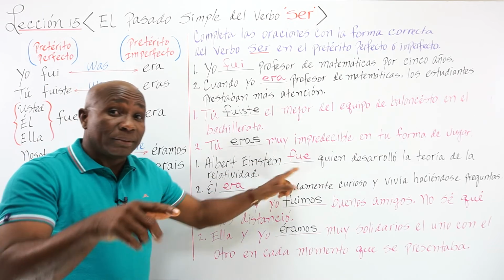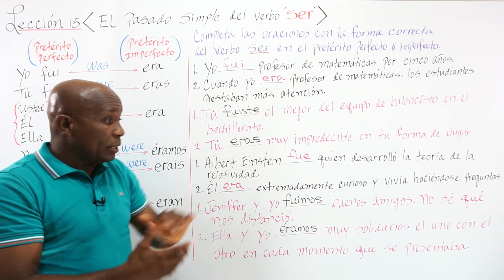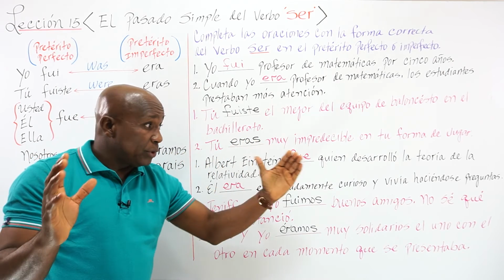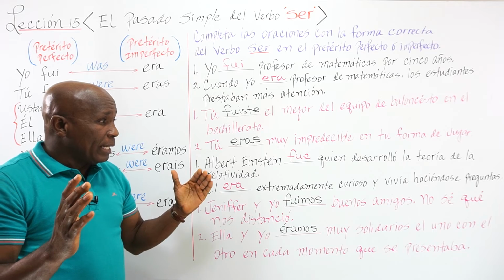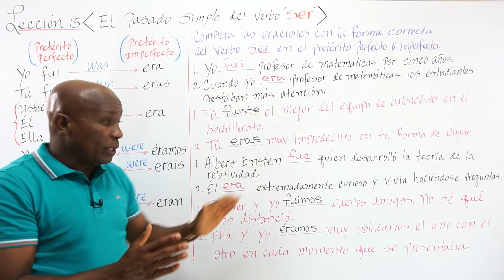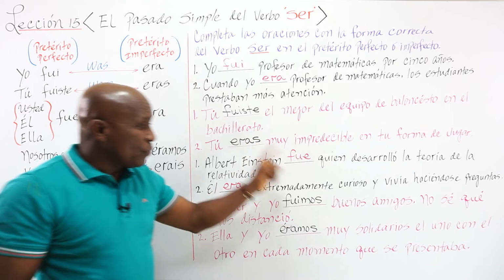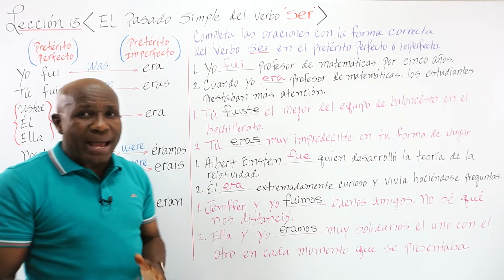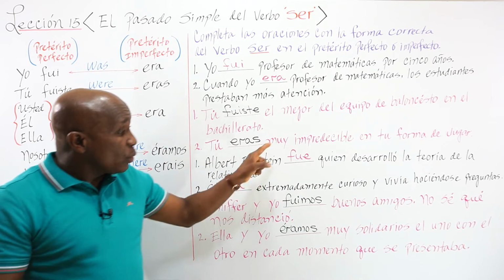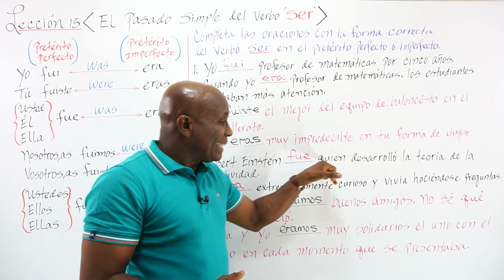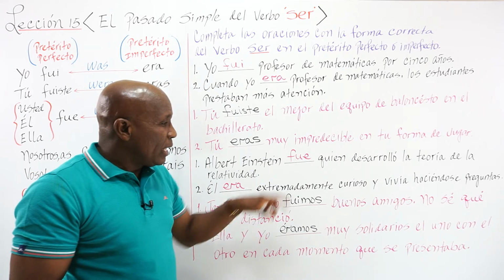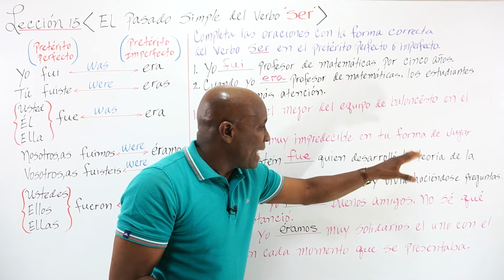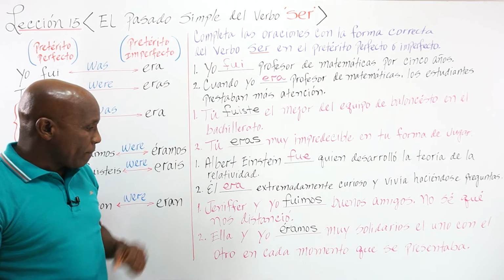That's the past, and that's a situation that was for a period of time, and it concluded. It's history. That's quien, who, right? Desarrolló la teoría de la relatividad. Now look at this one.